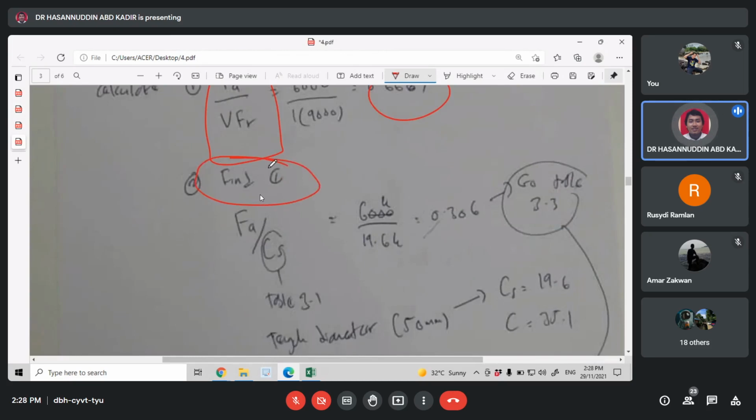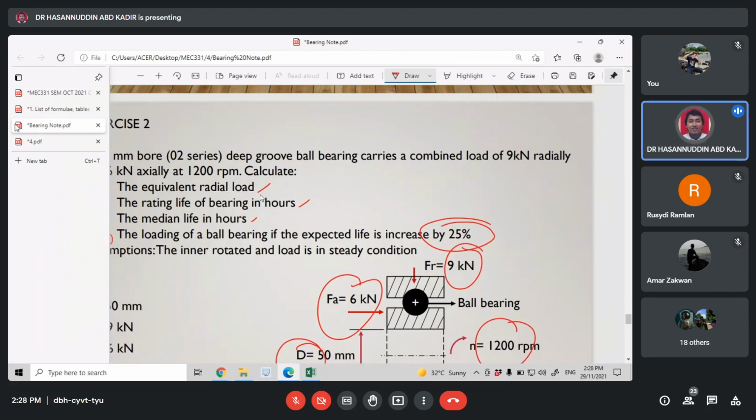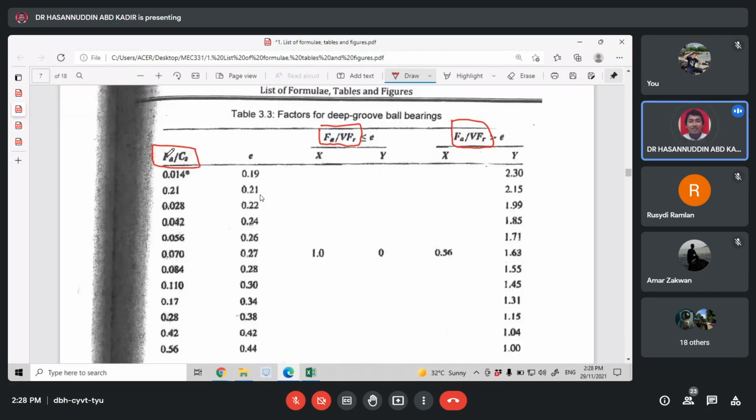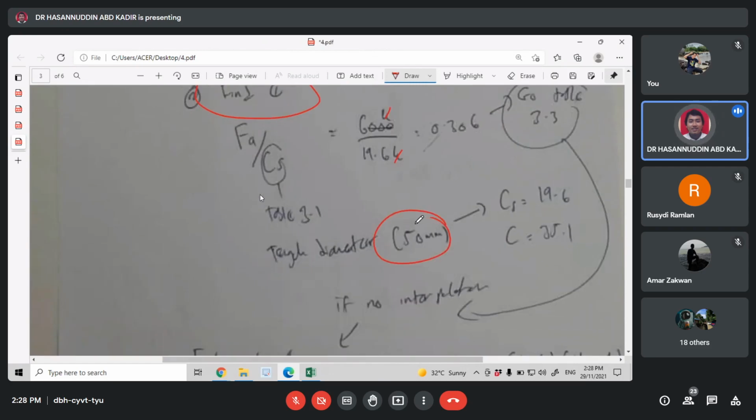Then we need to find the value of E. To find E, we apply FA over CS. FA is 6,000, divided by 19.6. So how do we get the value of CS?